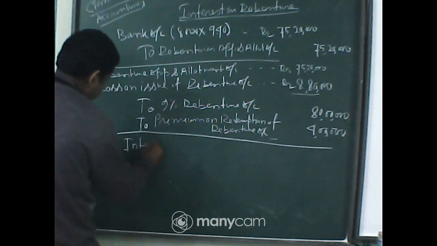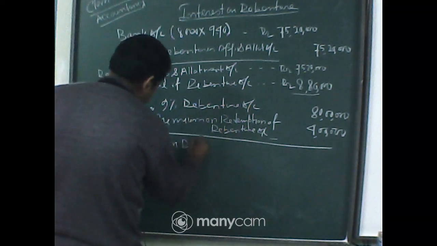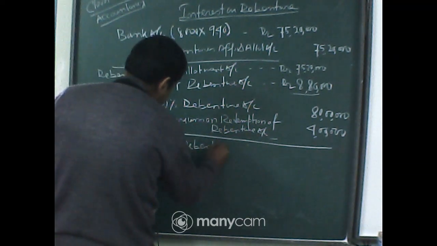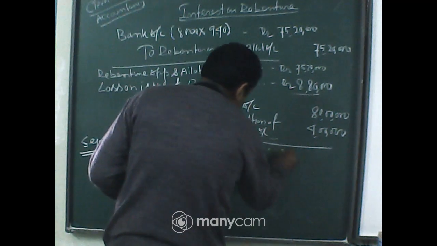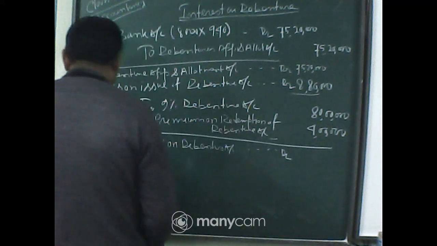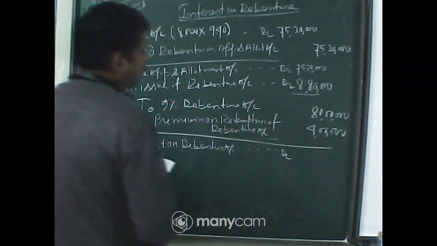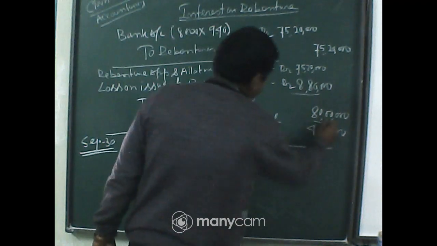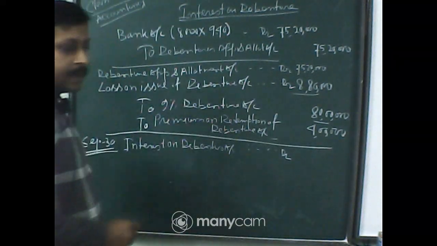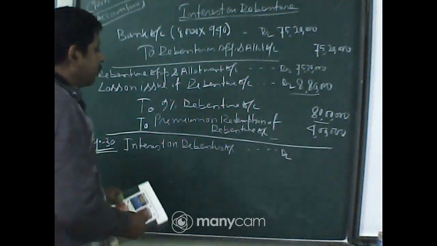So interest on debenture account should be debited. What will be the value? Now total value is 80 lakh. I always say interest will be calculated upon the nominal value of the debenture, that is 80 lakh rupees. 8,000 multiplied by 1,000, that is 80 lakh rupees.